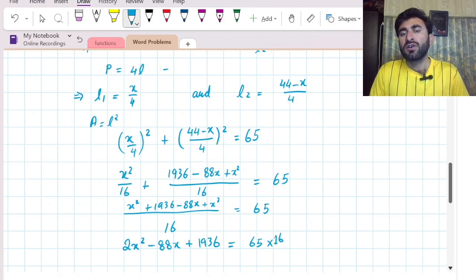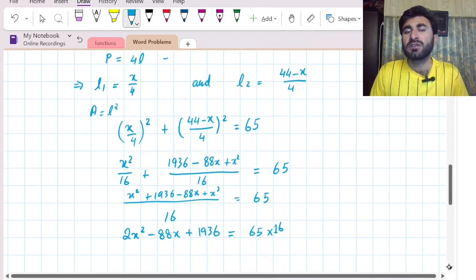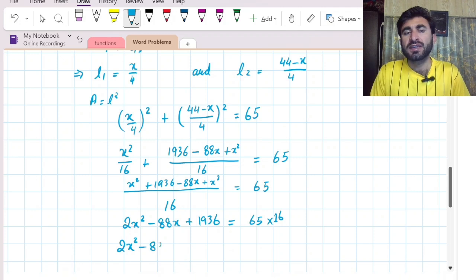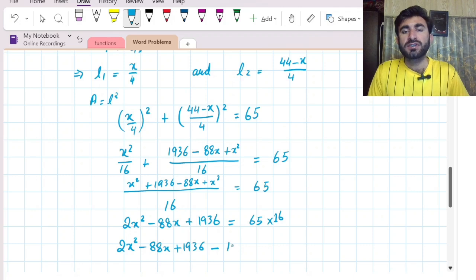So now we have to multiply 65 and 16, and then move it to the left hand side, because it is a quadratic equation and we need to change it into standard form. So first find the product: 2x square minus 88x plus 1936 minus 1040 equals 0.